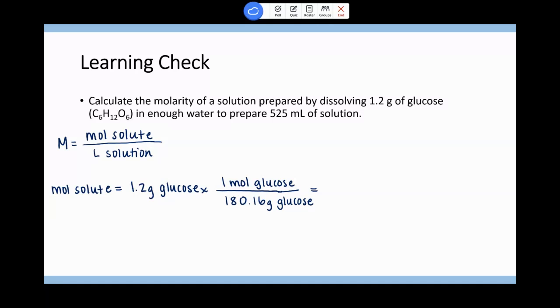And if we simplify this equation, in 1.2 grams, there are 0.00661 moles of glucose. Is that right? Did anyone calculate that? Yeah. So you have? Okay.